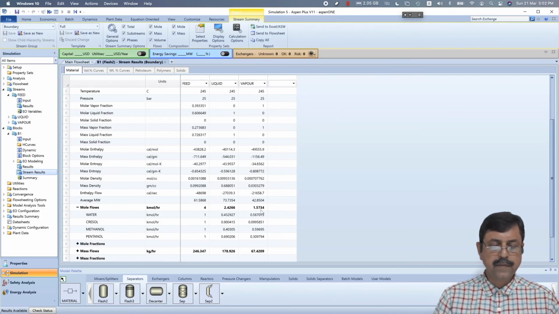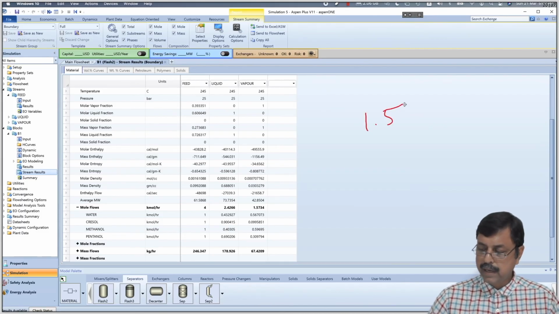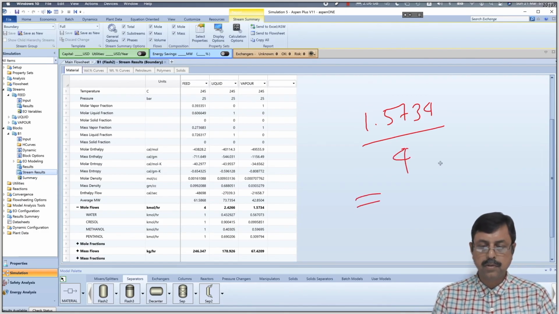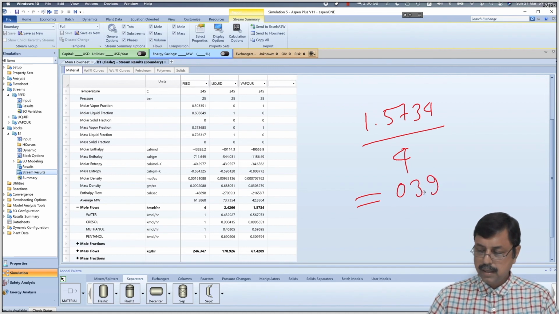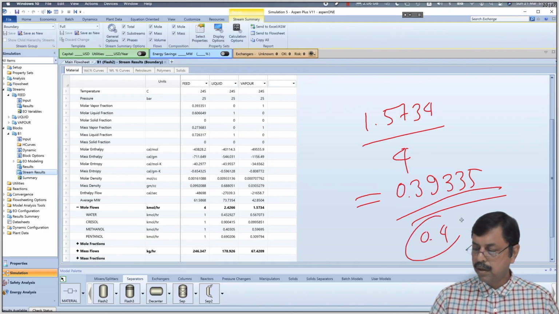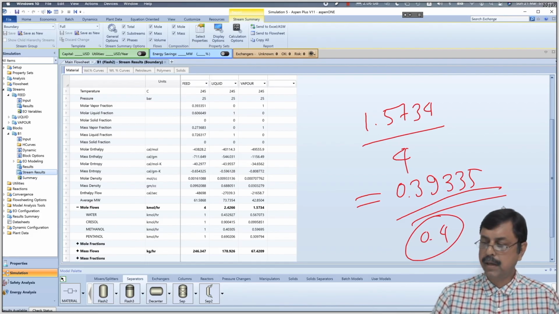So 1.5734 by 4, that is equal to 0.39335, which is nearly 0.4. And this information we have obtained from the PT envelope. Okay.